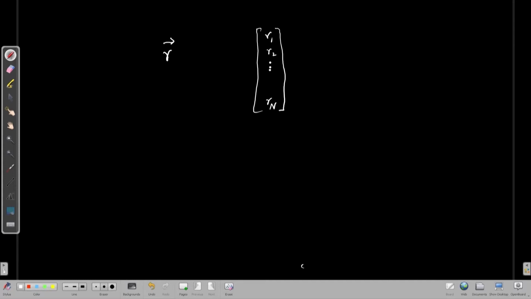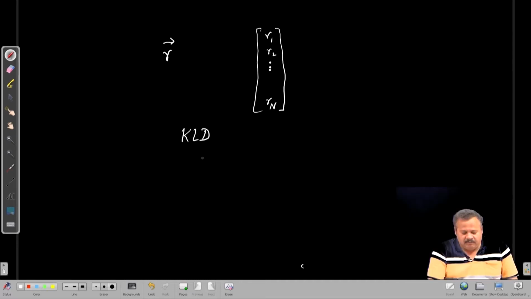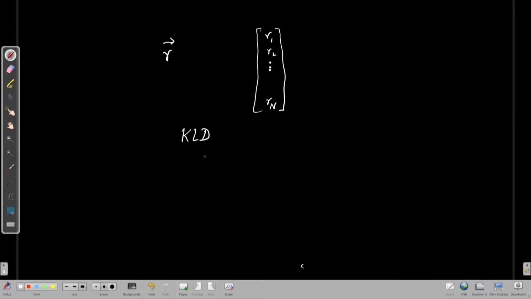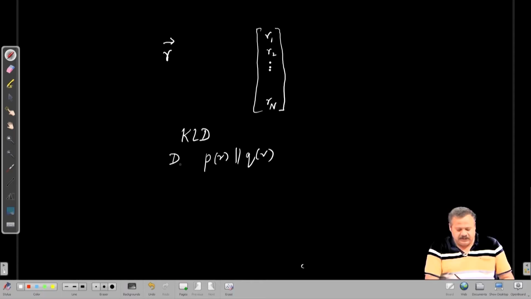Similarly, for the discrimination approaches, we can start with the KL distance approach, which is the best case for all information based discrimination. There also, if you remember, we were looking at the KL distance between two distributions, P of R and Q of R, in response to two different stimuli, and this is our DKL.